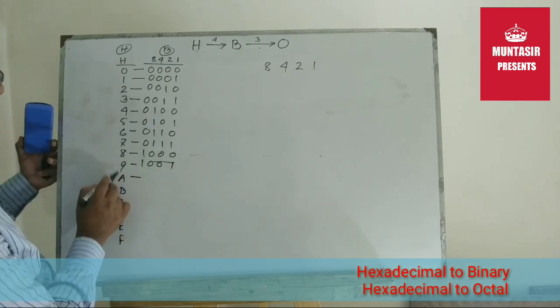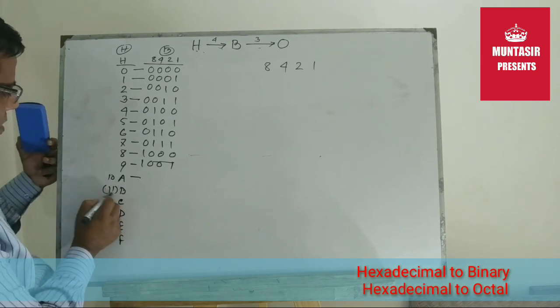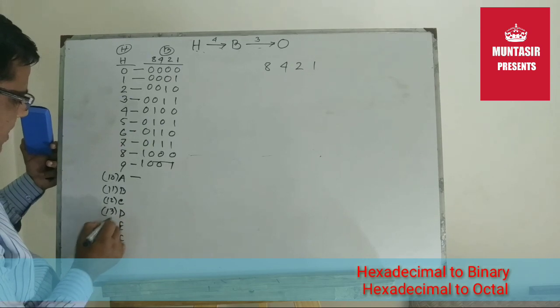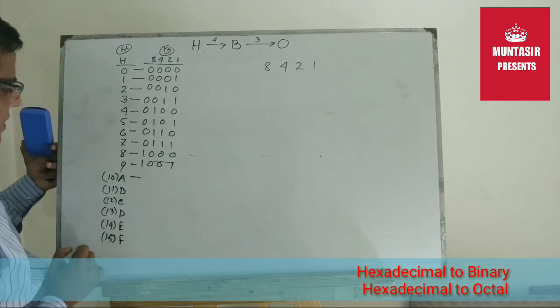For A, which means 10, then 11, 12, 13, 14, 15.